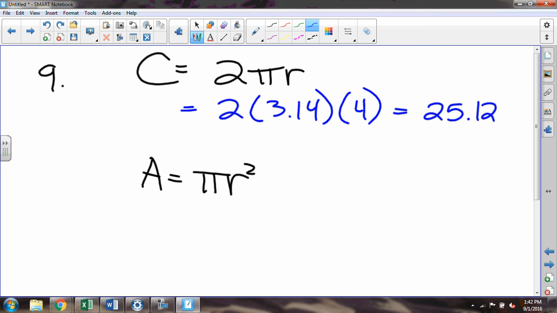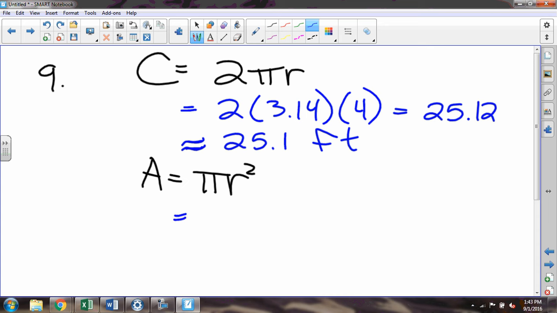The directions told us round to the nearest tenth. Make sure you don't forget to follow the directions. That's going to be about 25.1. Don't forget the label. 25.1 feet. We're told it's feet in the problem, don't forget that.